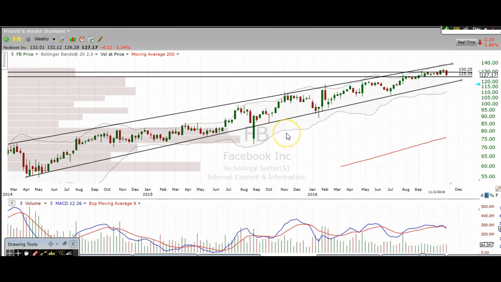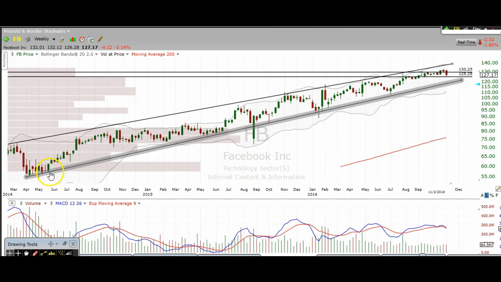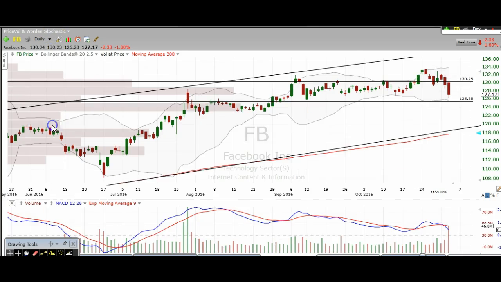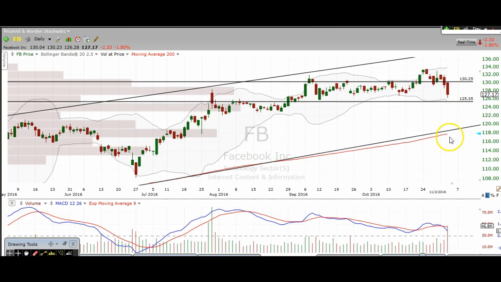We'll go to the weekly time frame, and you can see that we have this channel here, the top side of the channel, rejection, rejection, and on the bottom side we bounced here several times, and that 118 level is going to be right near that channel. So right here after hours, 118 to 119, that's an area that you may want to consider longs.